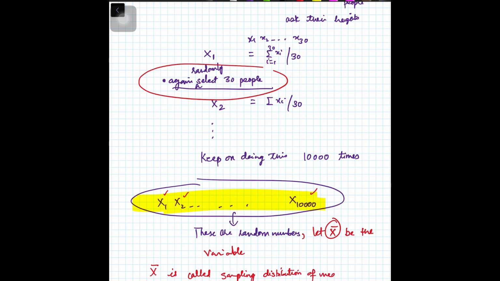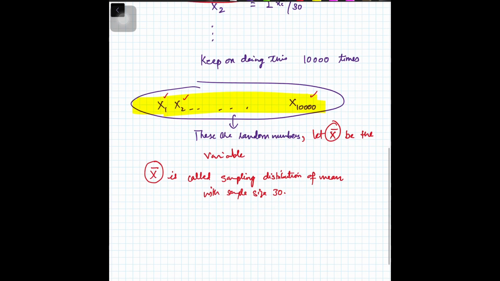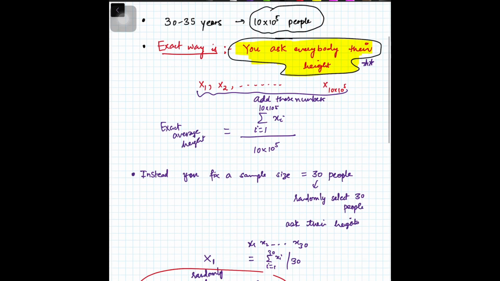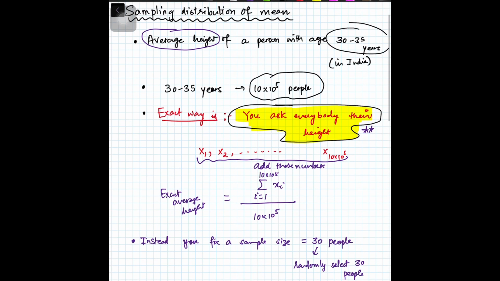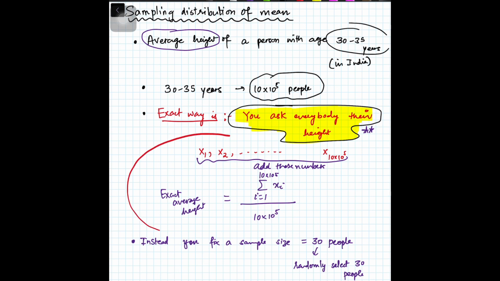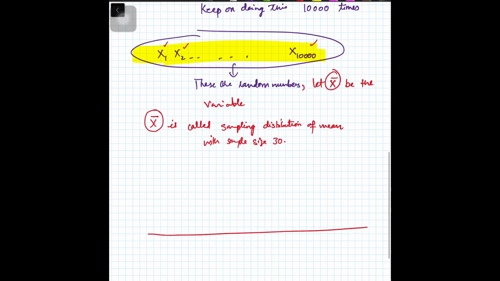This here is with sample size 30. You can increase the sample size. Earlier, we were getting one exact number: the exact average height of a person in the age group 30 to 35. Now we get a random variable x bar, the sampling distribution of mean.